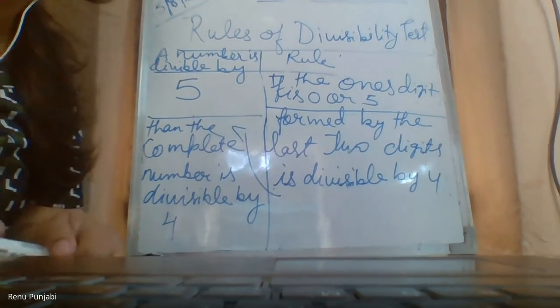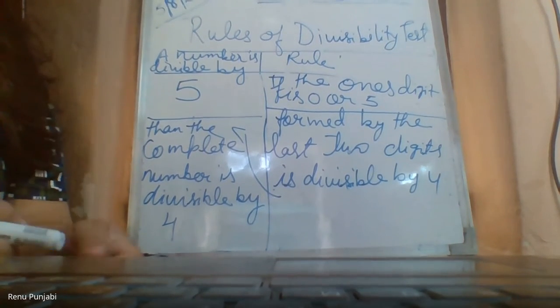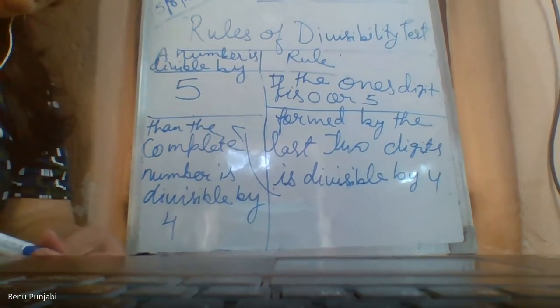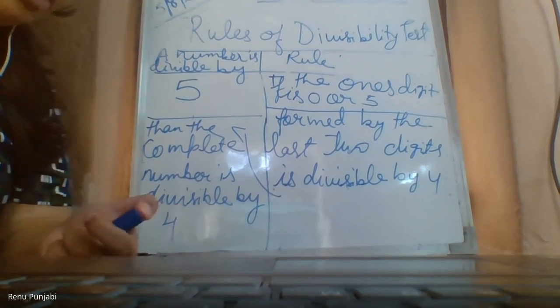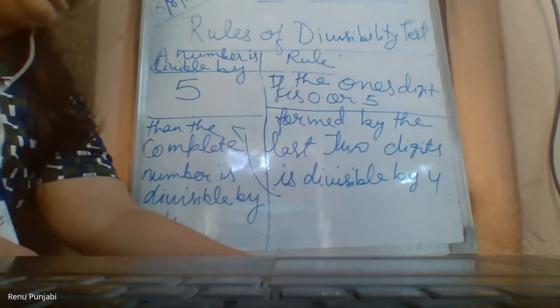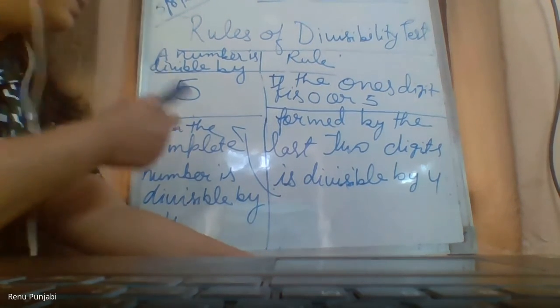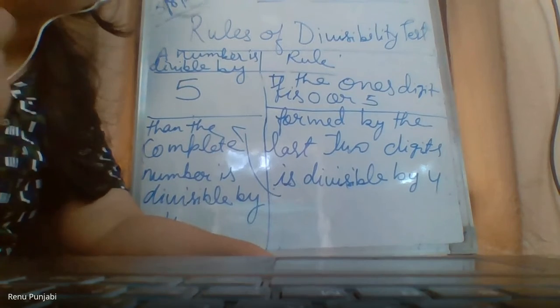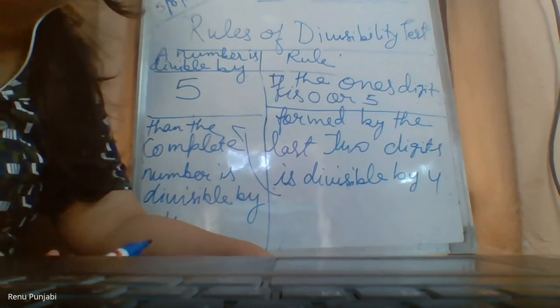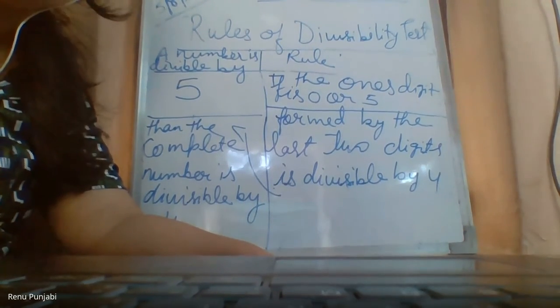Now, children, I am verbally explaining these 2-3 divisibilities. We will write them tomorrow in the notebook. Divisibility of 6: if the number is divisible by 2 and 3, automatically it will be divisible by 6 also.